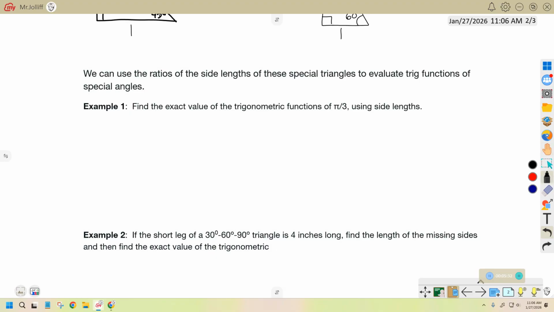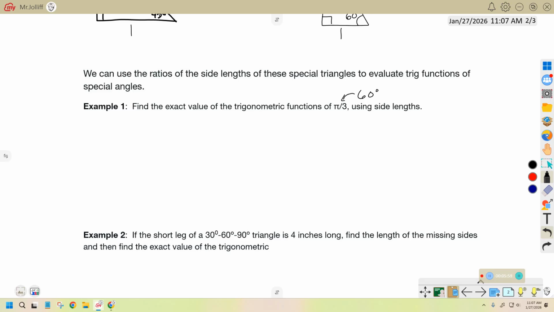Okay, so example 1 says find the exact value of the trigonometric functions of pi over 3 using side lengths. So first question is in degrees, what does pi over 3 correspond to? 60. Yeah, I know that that is 60 degrees, and I know I'm going to draw a right triangle.